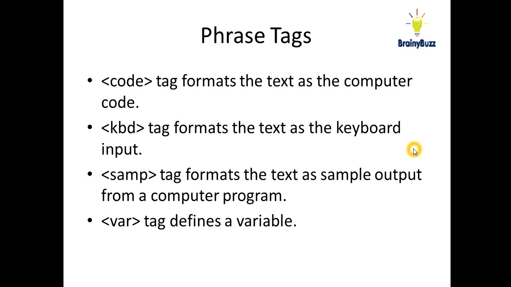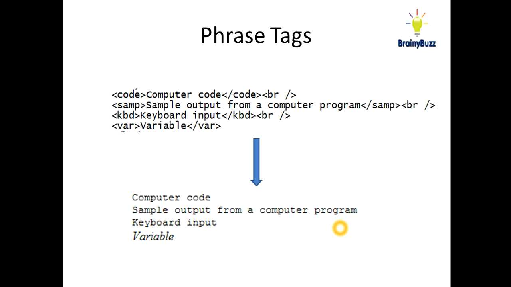KBD is used to write the text as keyboard input. SAMP is used to write the text as sample output from a program. These are all basically fonts that we use. Your text will appear like computer code, keyboard input or sample output from a computer program. Var is used to define a variable. It will give the output in italic form, like this.